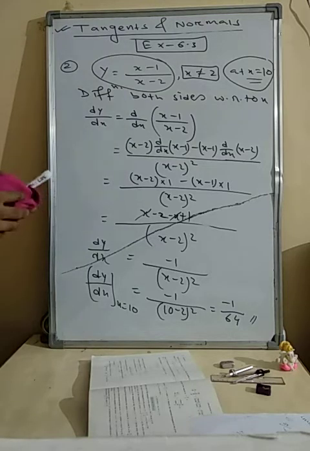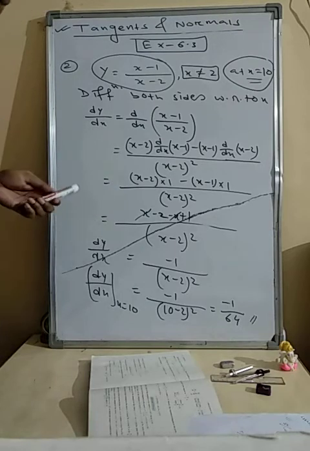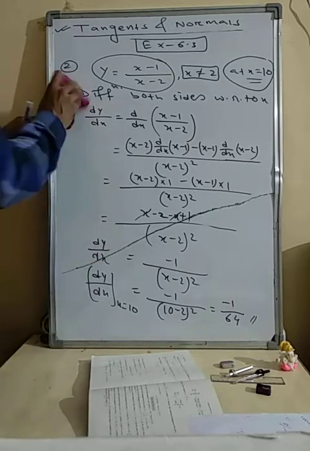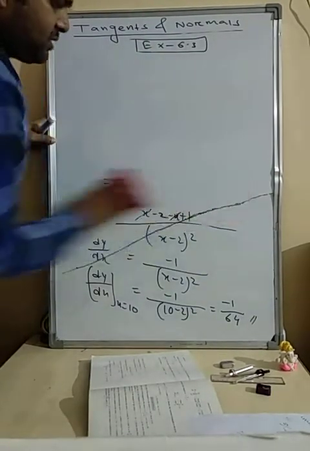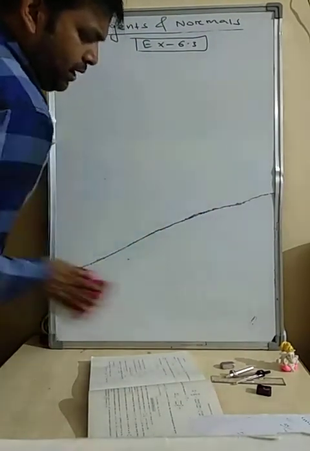Now see, question number 3 is the same. Find the slope of the tangent to this curve at the point whose x coordinate is given to you. You can do it on your own. Same question number 4. Now see number 5. 3 and 4 are as they are, same question like 1 and 2.